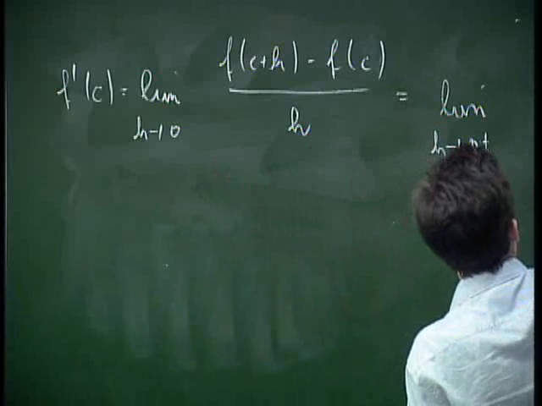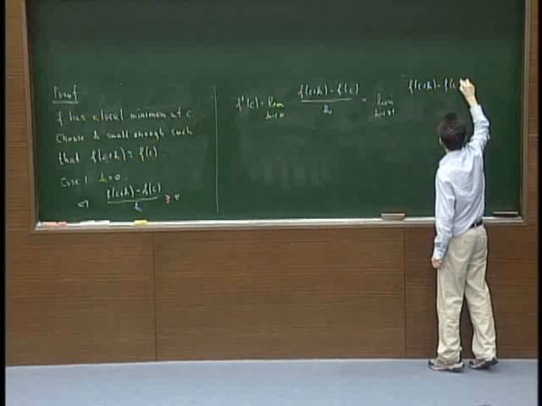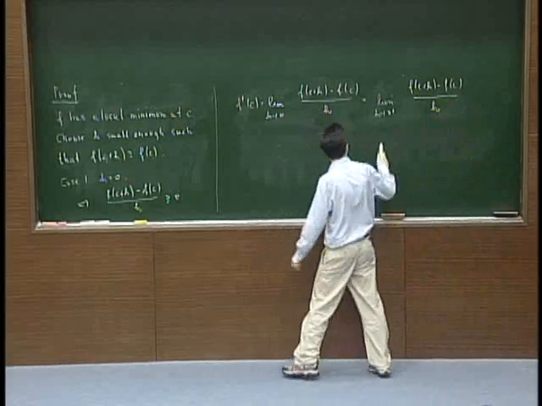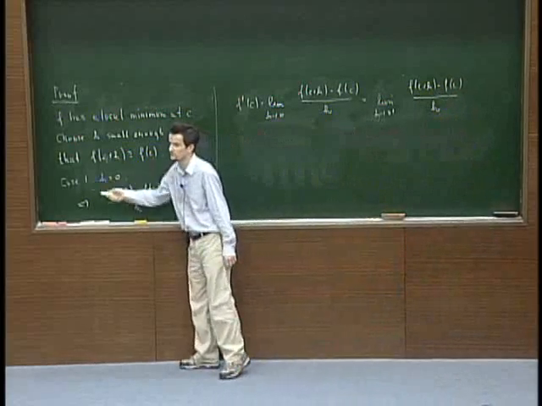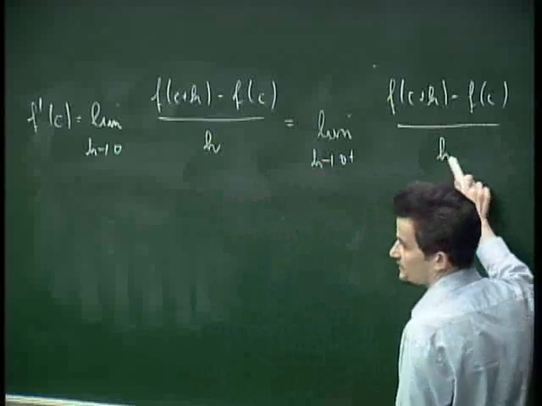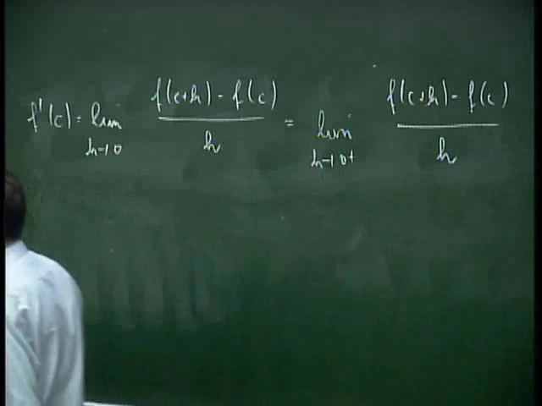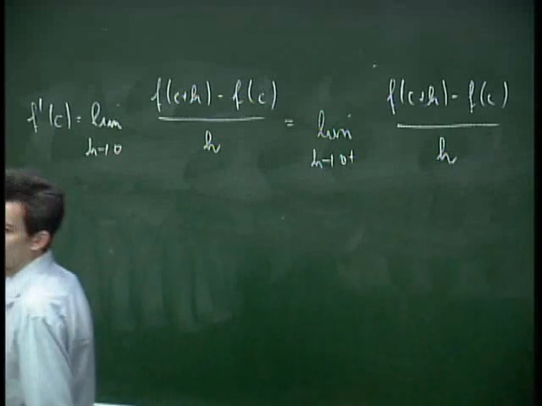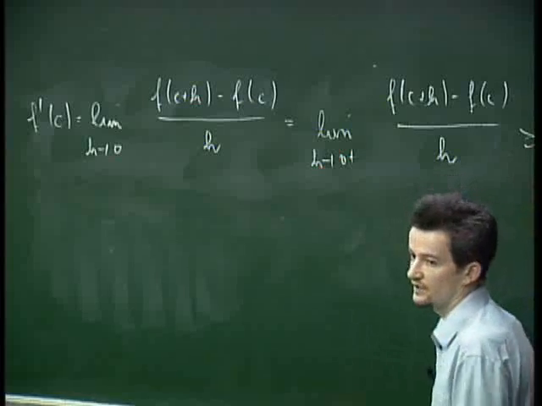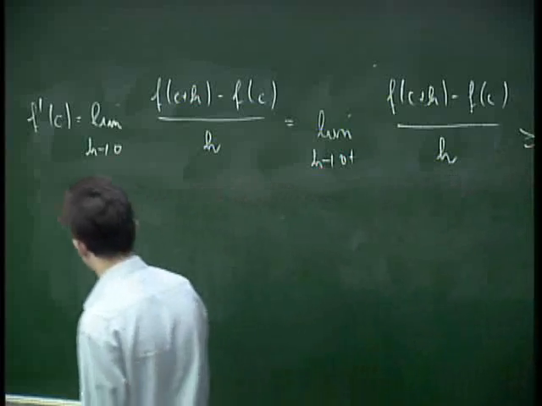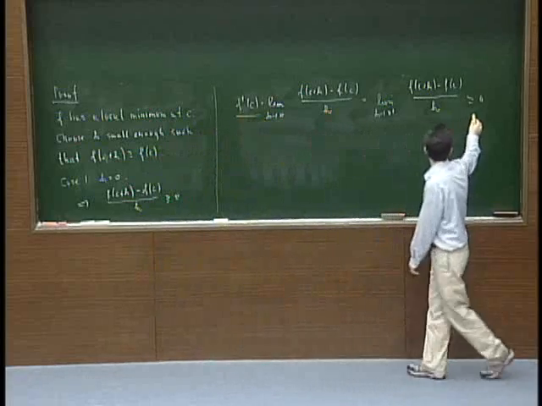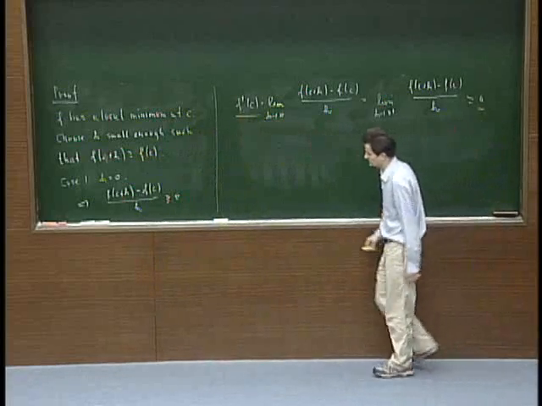Because h is larger than 0, I'm in the first case, so this will be larger or equal than 0. If I take the limit on both sides, we have proved that the relation will also hold in the limit, so this will be larger or equal than 0. So I have already proved that the derivative of f at c is larger or equal than 0.